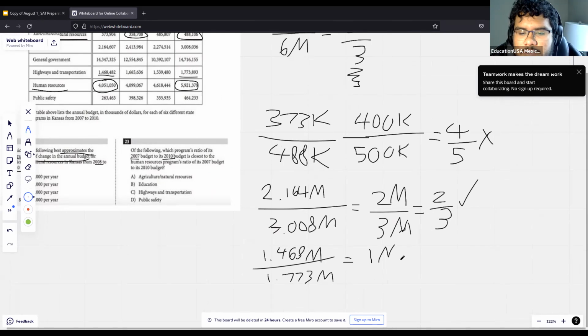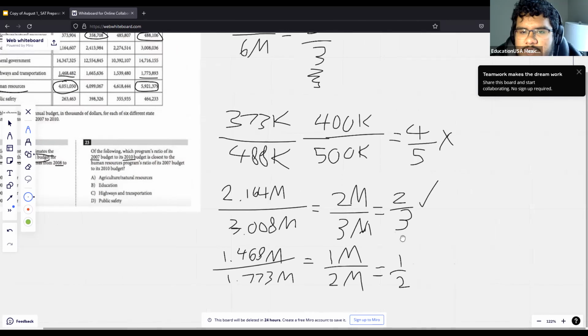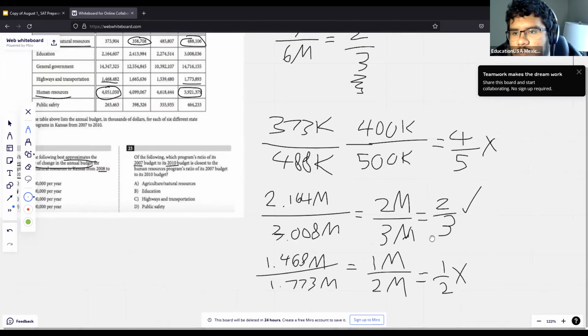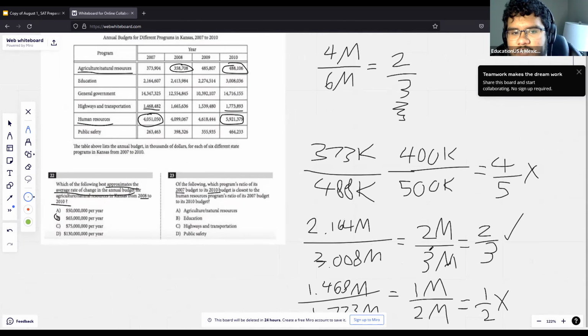So we just round it down to 1 million. And this one, since it's past 1.5 million, we can round it up to about 2 million just for the sake of convenience. That gives us a ratio of 1 to 2, and that's not very close to 2/3. So we X that out. And lastly, we look at public safety here.